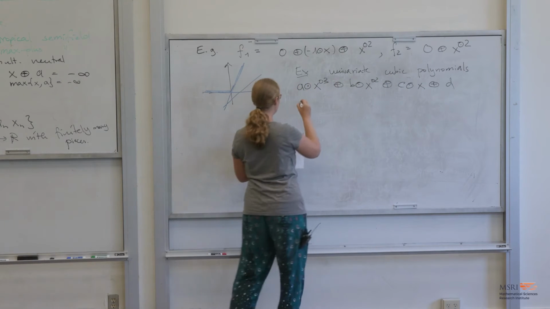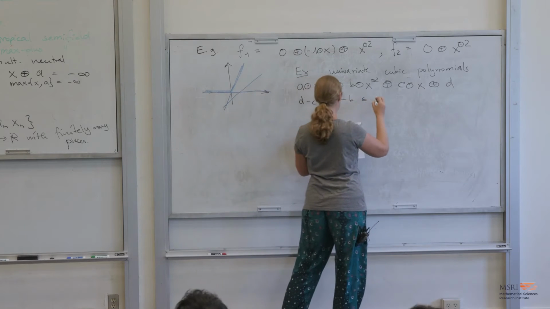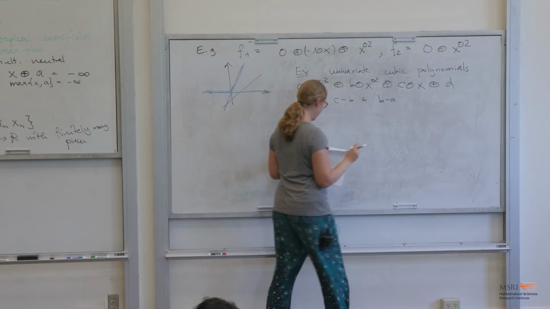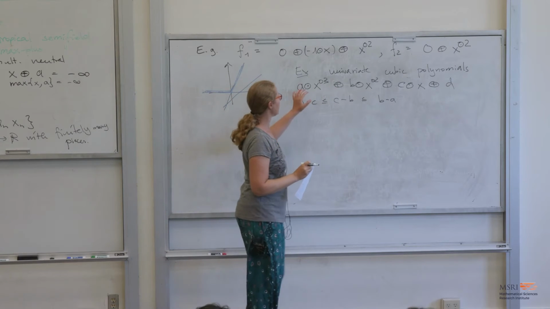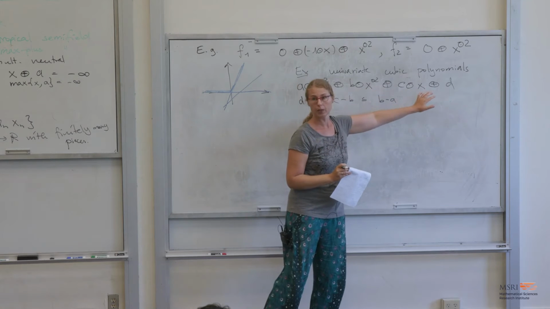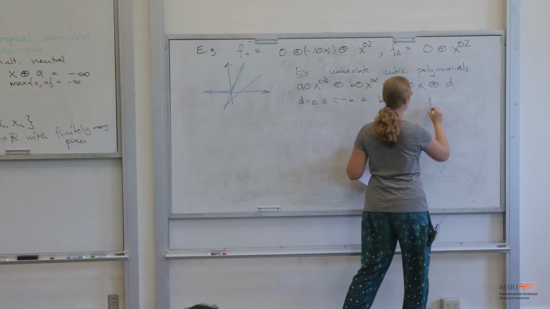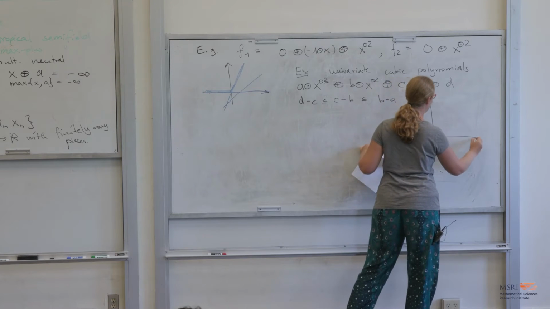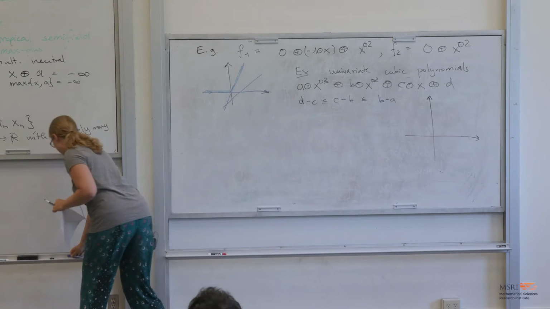And I want to assume that d minus c is less than or equal to c minus b, which is less than or equal to b minus a. That is the condition needed to guarantee that all four pieces are visible.